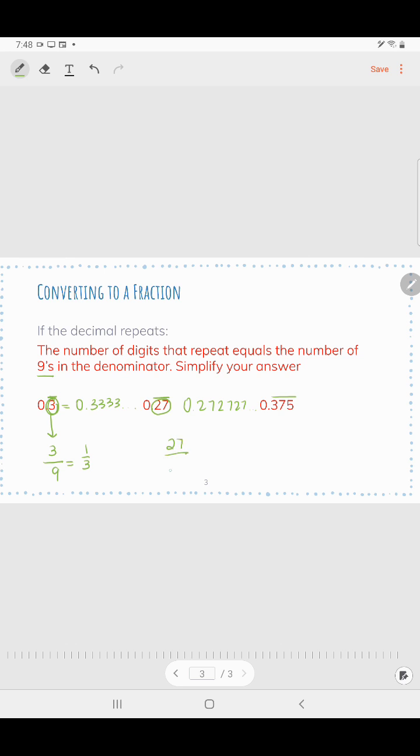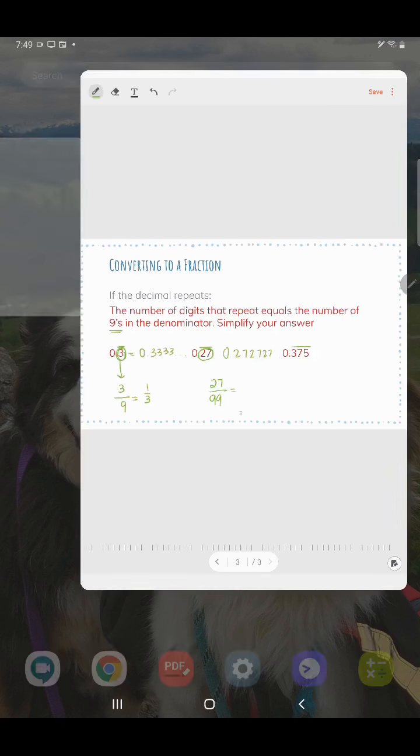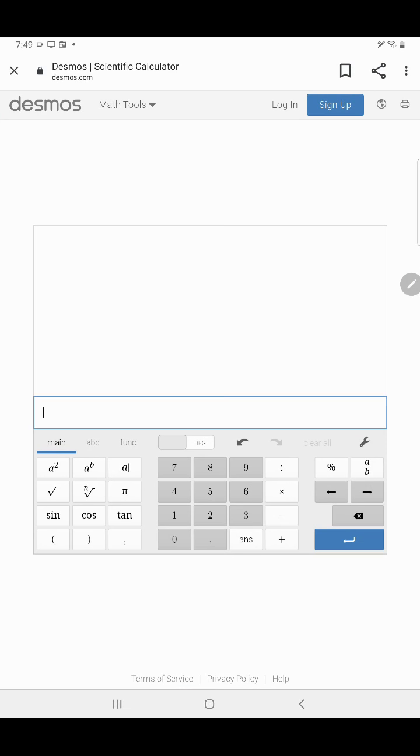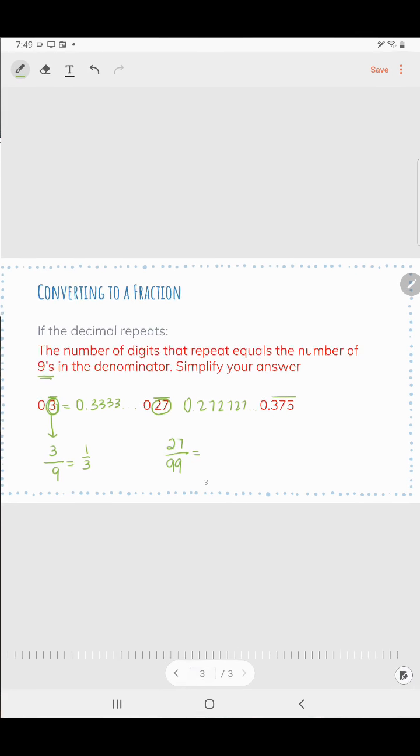How many digits is 27? It's 2 digits. So that's how many 9s go in the denominator, 2 9s. So 27 over 99. Those can both be divided by 3. Actually, they can be divided by more. Let's look at our calculator. 27 over 99 simplifies to 3/11.